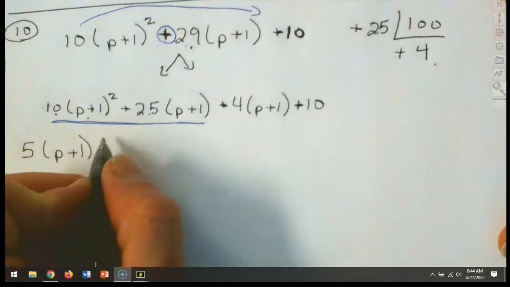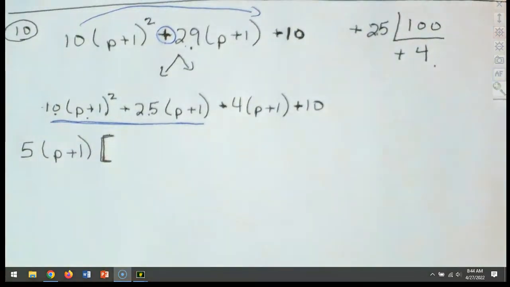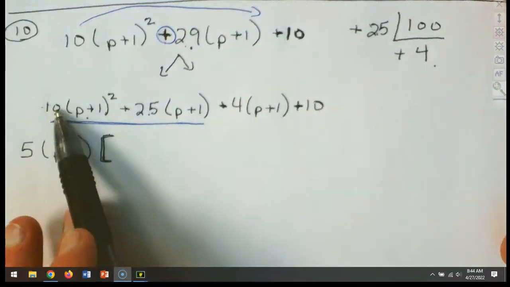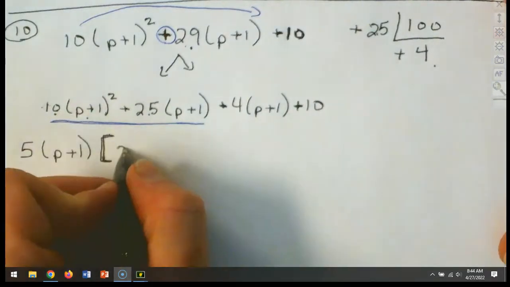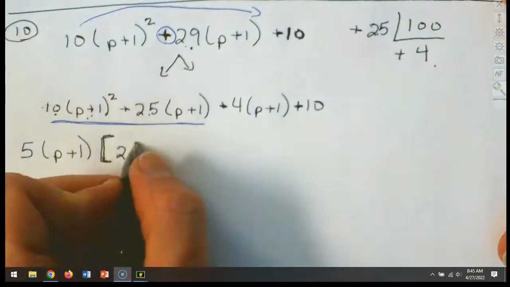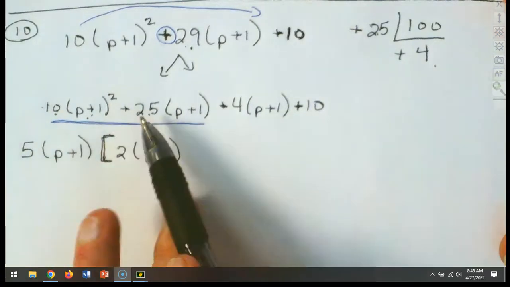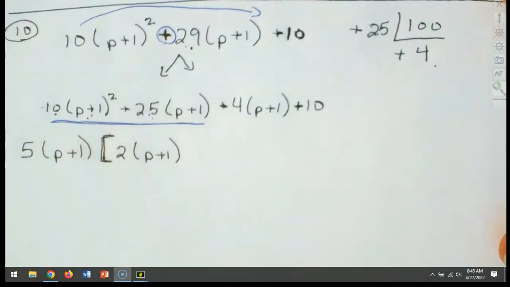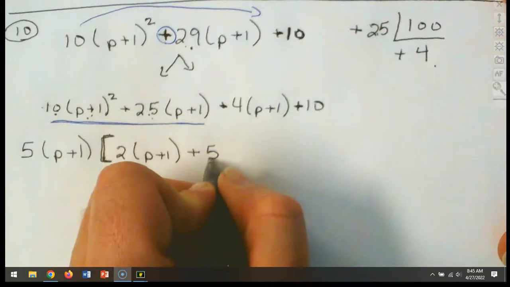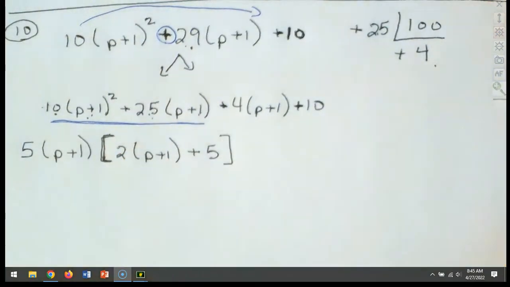I'm going to use square brackets because we have lots of parentheses here already, just to make it a little bit neater. 10 divided by 5 is 2. This is squared, we took one of them out, so that leaves you with a p plus 1. 25 divided by 5 leaves you with the 5. And the p plus 1s are gone.